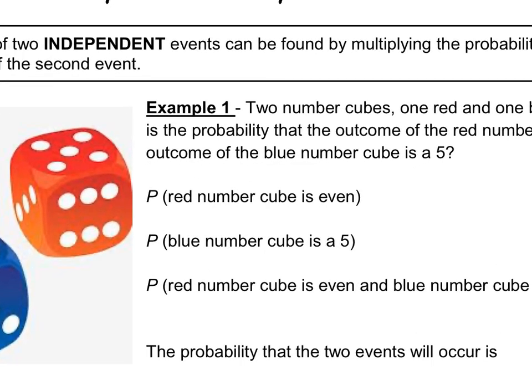First, we're going to talk about the red number cube. Well, on a red number cube, we have 1, 2, 3, 4, 5, and 6. Now, as far as which ones are even, well, 2, 4, and 6 are even. Anytime we do probability, it's the thing that we want over the total number possible.